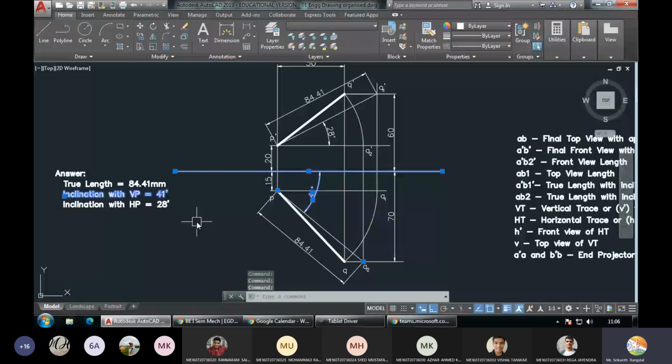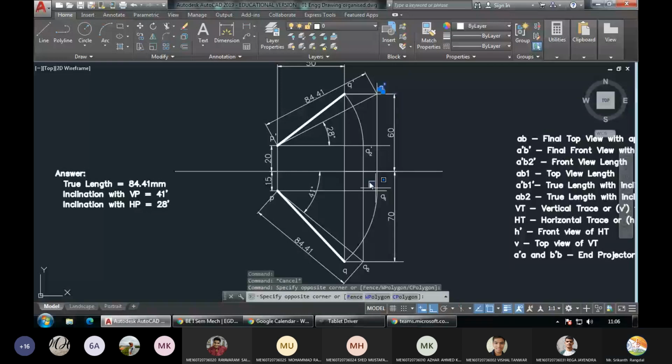Then we have drawn an arc from point Q till this horizontal line. Their intersection point was named as Q1. From Q1, we have drawn a vertical line, and from Q dash, we have drawn a horizontal line. Their intersection point was named as Q1 dash, which is the front view of Q1.